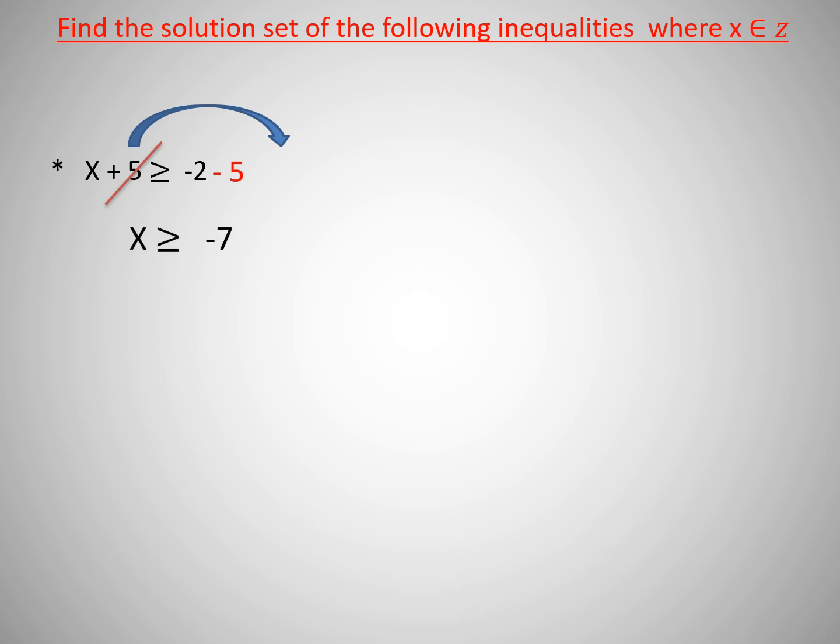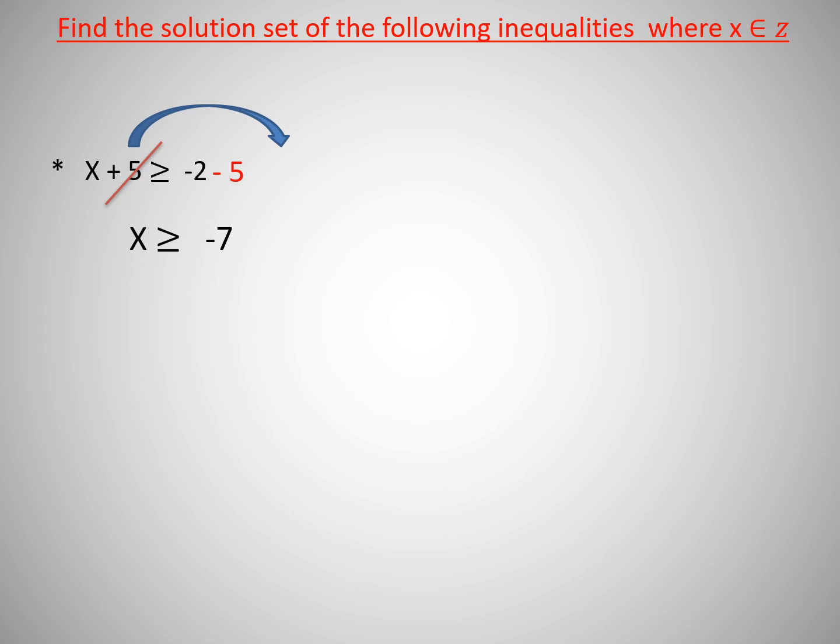So the remaining in the left hand side is x ≥ -5 - 2, which equals -7. So the integers that are greater than or equal to -7 will be -7, -6, -5, -4 to infinity.